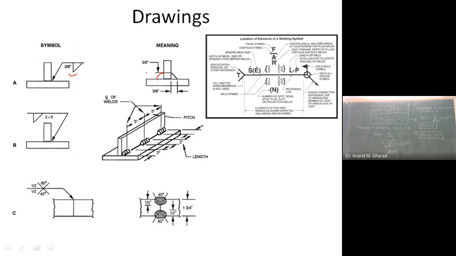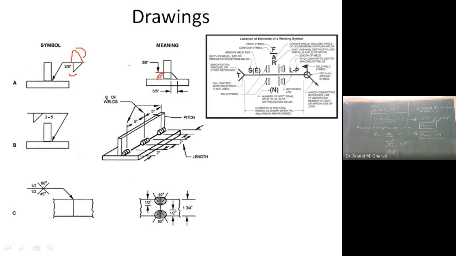Okay, it is a fillet weld, this is again a fillet weld, but if you can see the contour is convex type. Okay, so how will it be? This is a fillet weld, and now I am supposed to represent the convex contour. The convex contour is represented in this manner.